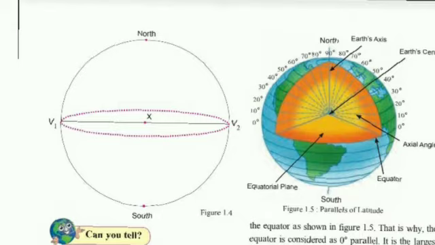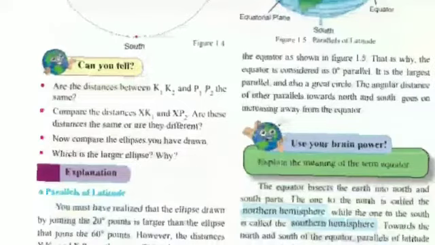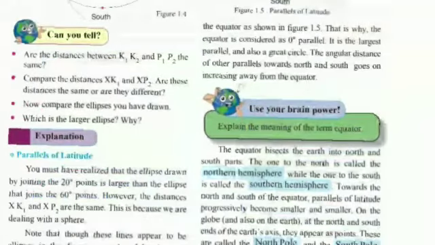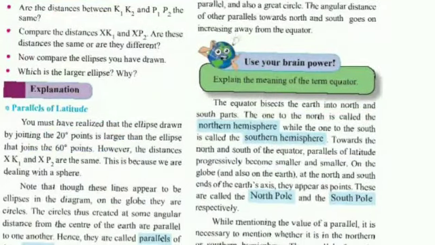So the ellipse from 20 degrees is larger than the ellipse that joins 60 degrees. But however the distances are the same, because the earth is a sphere, the earth is not a circle. So the distances of XK1 and XK2 are the same.